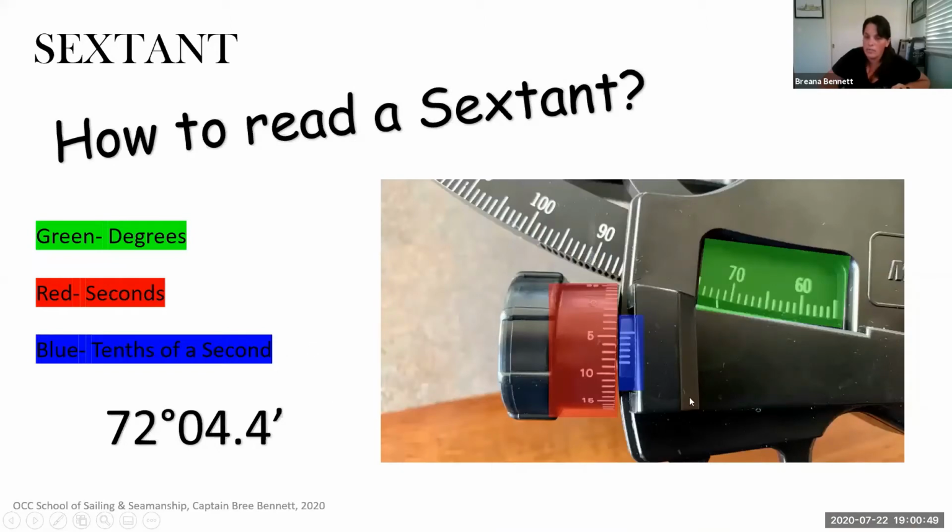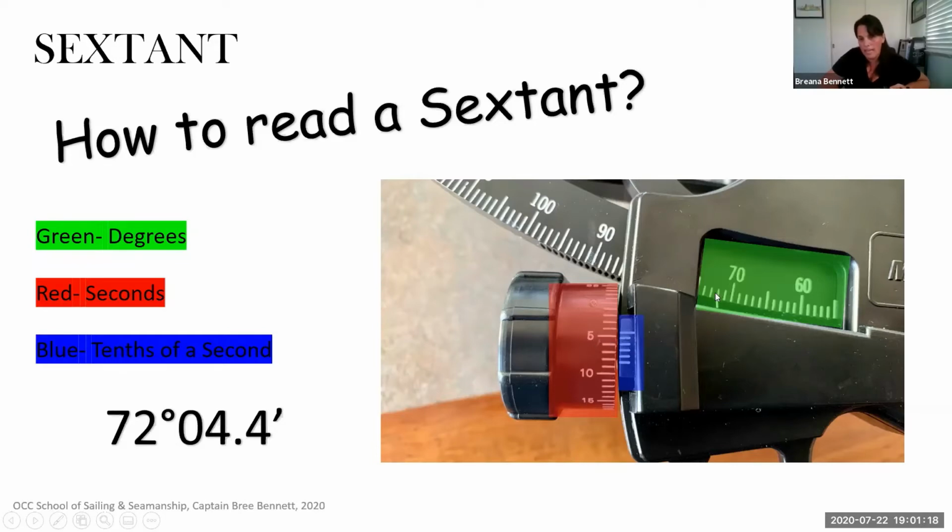Okay, this is an example of our sextant. So we have 71, 72. So this could be 71 and something or 72 and something. I don't really know from just looking at this part. Then when I look here, I have all low numbers next to my 0. So I know that it would be 72 point something.